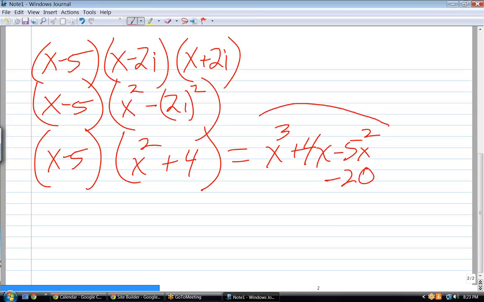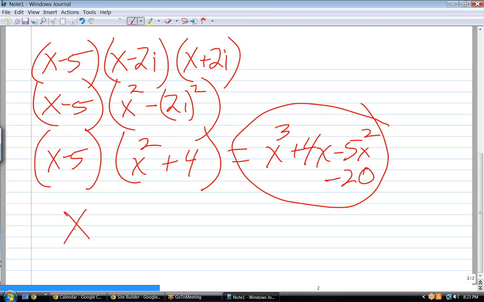There it is. Not in the right order, but it's okay. You can put the minus 5x squared second. So whenever they give you the roots and they want the polynomial, just make x minus each root times one another. In other words, usually we go the other way.